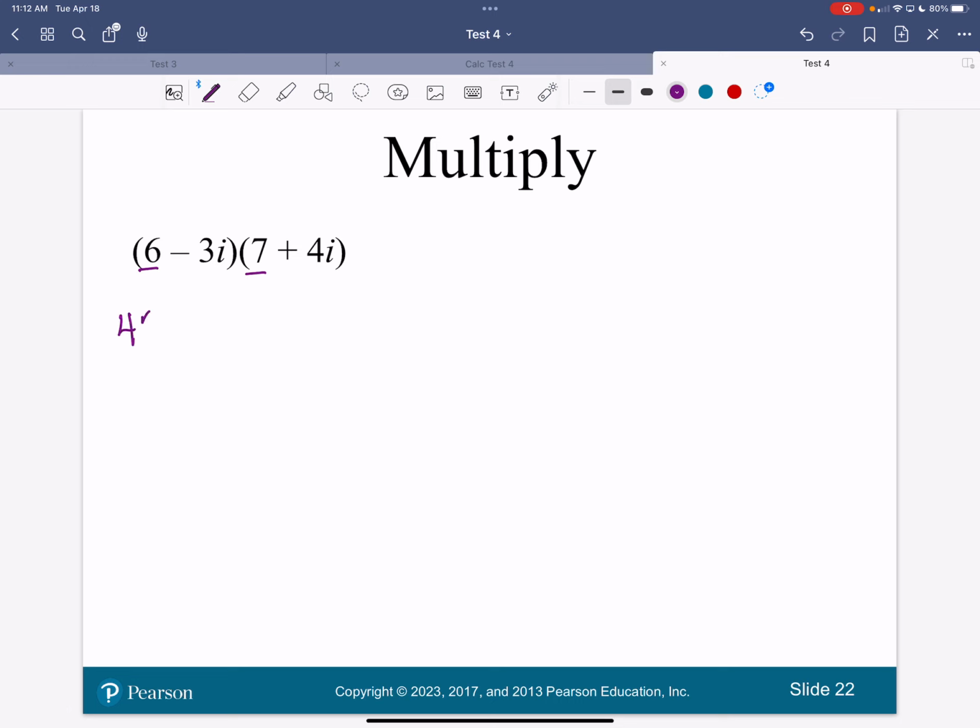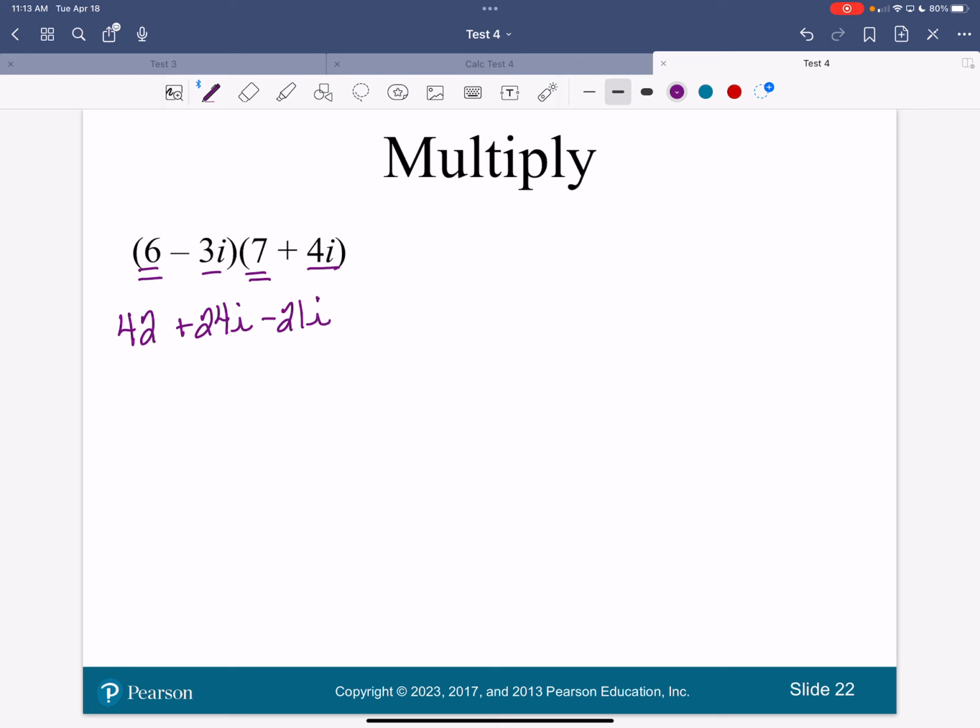Good. Then I've got 6 times positive 4i, and that's going to be 24i. There's no i with this 6 right here, so it's not i squared. It's just 24i. Then I've got -3i times 7. That's going to be -21i.